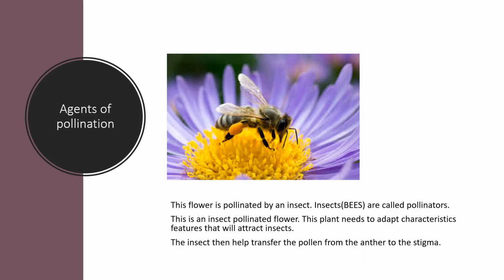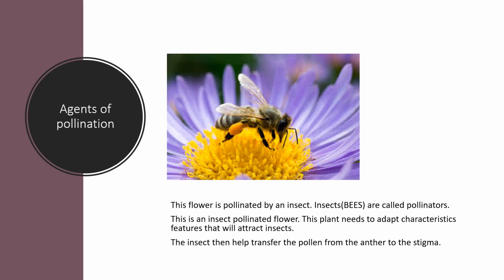Agents of pollination. These agents are insects and wind. We'll start with insect as an agent of pollination. The flower is pollinated by an insect, so the bee are also called pollinators. This is an insect-pollinated flower. This plant needs to adapt characteristic features that will attract insects.